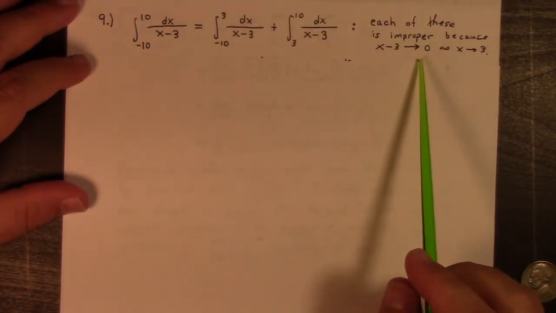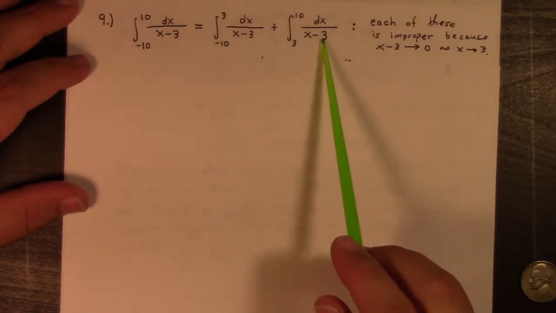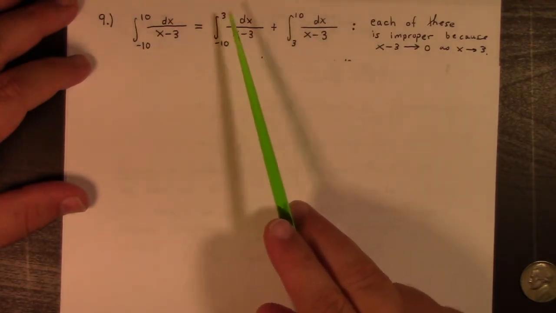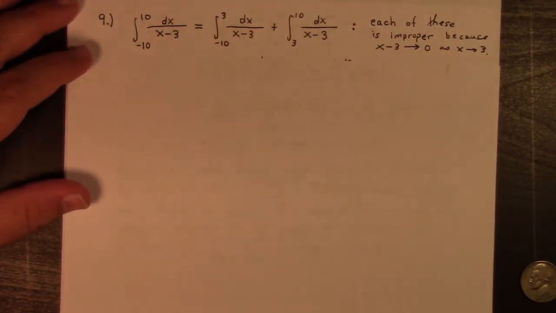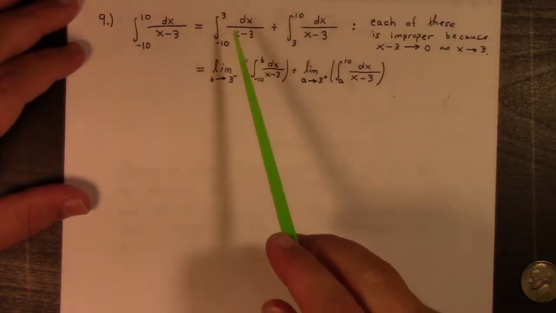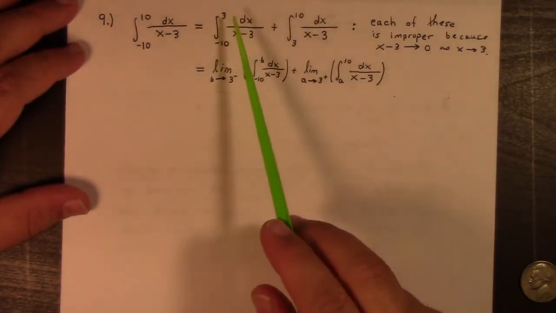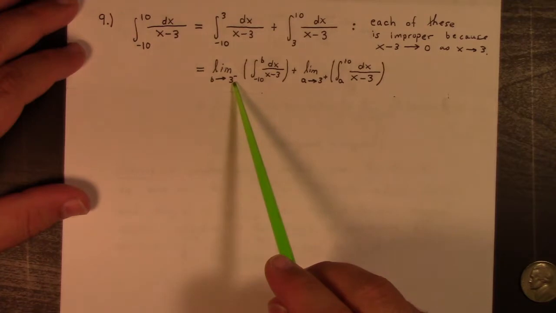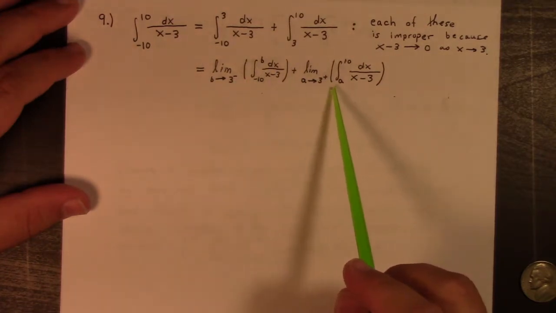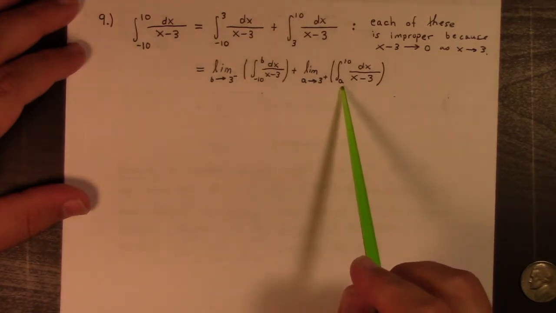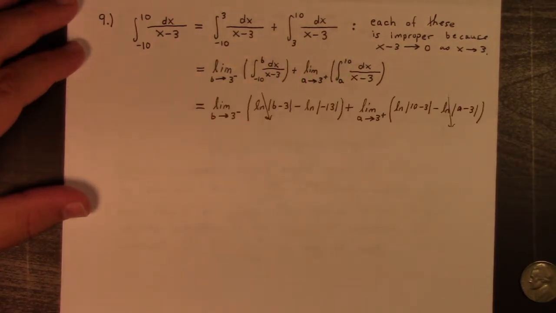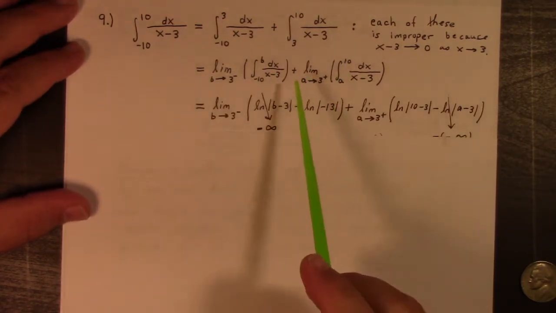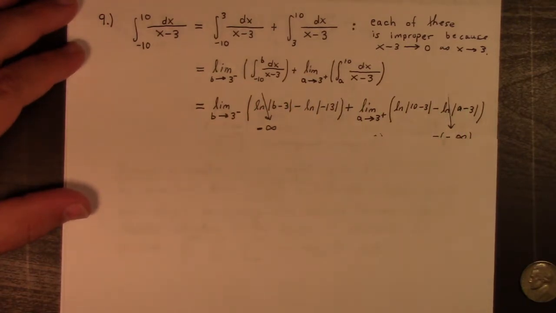Each of these is improper because the denominator goes to 0, either here at the upper bound or here at the lower bound. So those have to be understood in terms of limits as b approaches 3 from the left, or as a approaches 3 from the right for the upper versus the lower bound. And these give us natural log integrals, both of which diverge.